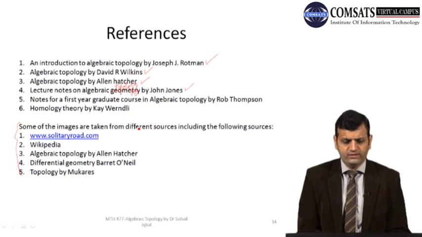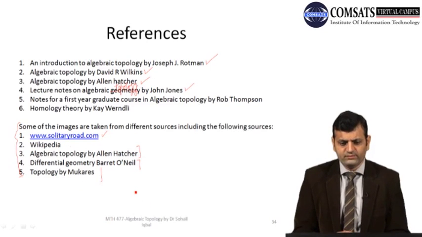Forgive me if I have not included some reference which I have used. Mainly we have been using Wikipedia and some other references, for example Allen Hatcher and Differential Geometry by Barrett O'Neill, and Topology. There are some other references as well, but we mainly use these references.